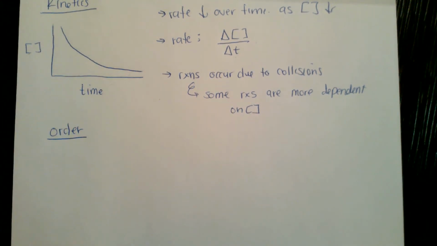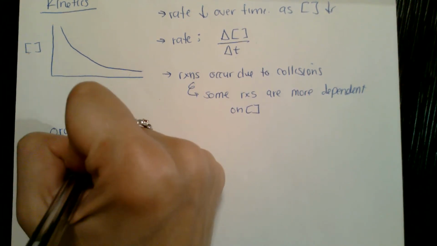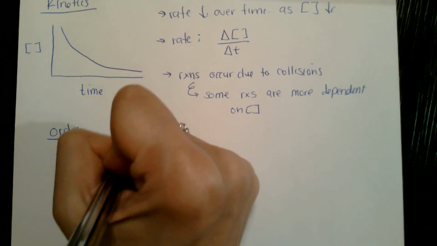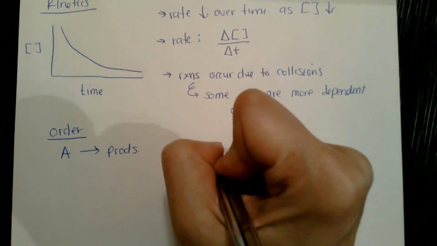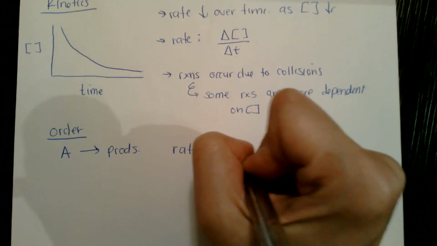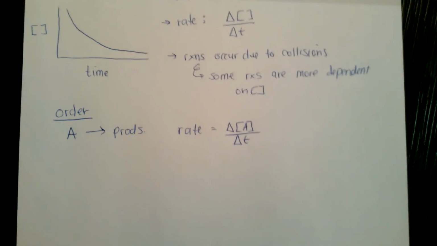Order is essentially the degree to which the reaction is dependent on one of the reactants or more. So let's say we have the general reaction of A going to products. Our rate would be equal to the change in concentration of A over the change in time.